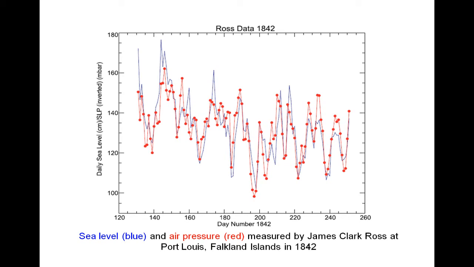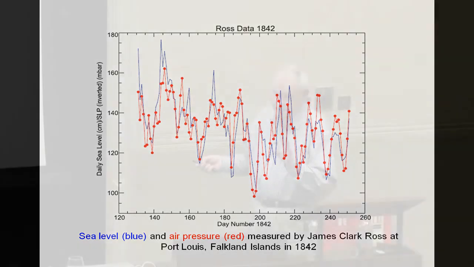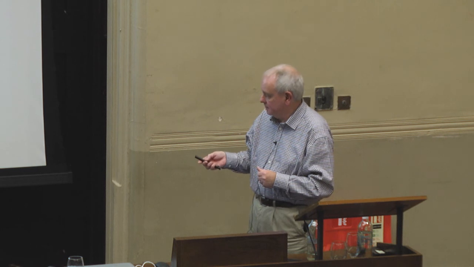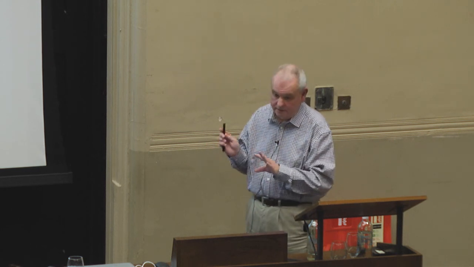And that works very well in that part of the world, and you can see that it agrees very nicely. So this is a validation that this wouldn't work if either the sea level data was rubbish or the air pressure data was rubbish. So the fact you get this good agreement means that both are probably pretty good. So we need the air pressure data as well.